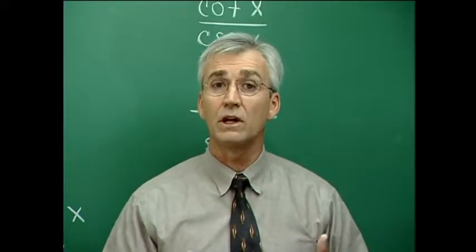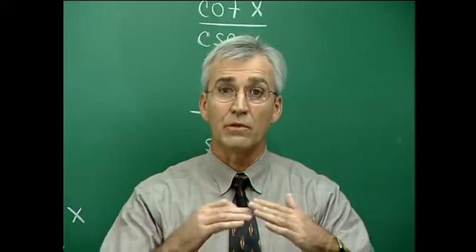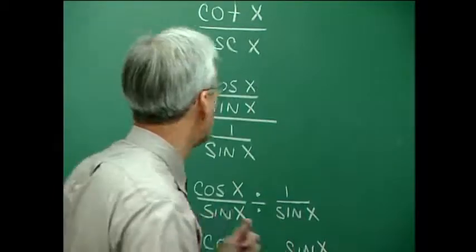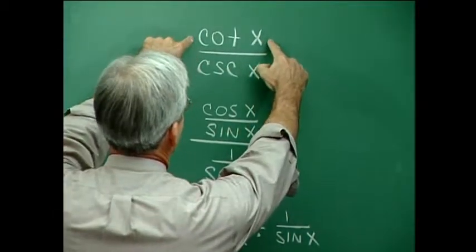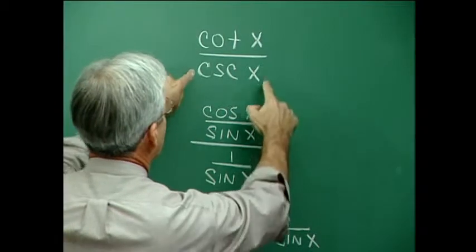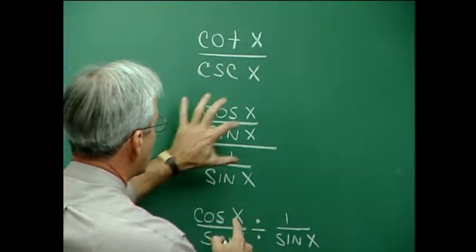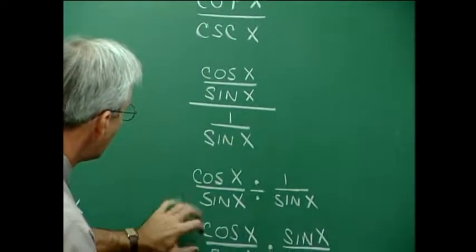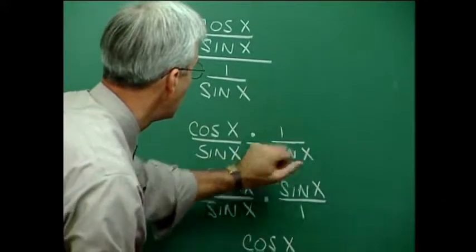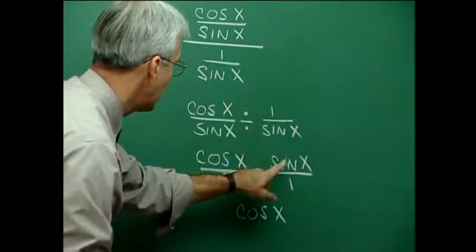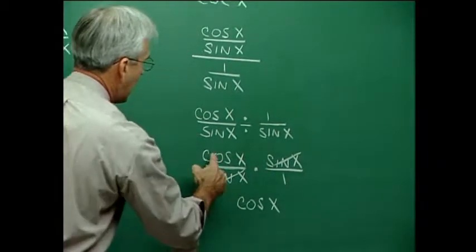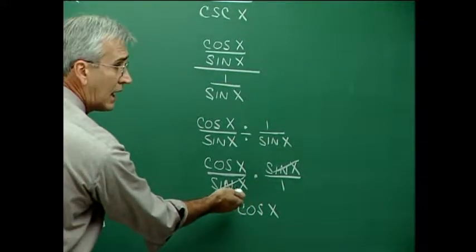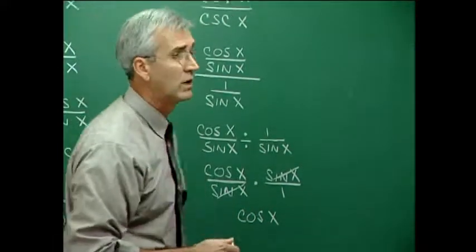I think they're a little more familiar to us than the bottom three ratios of cotangent, secant, and cosecant. So what we could do is rewrite cotangent x as cosine over sine, and cosecant as 1 over sine, and then just manipulate this into a different form. This is numerator divided by denominator, so it's this fraction divided by this one, and now it's times the reciprocal of this one, and these cancel, so we have simply cosine x over 1, or cosine x, a much simpler kind of expression to deal with than the original one.